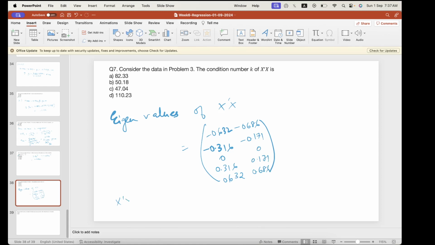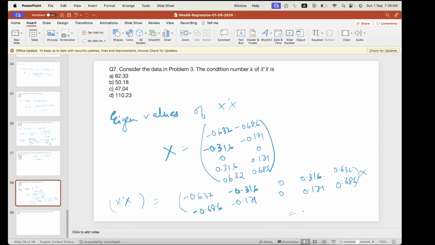Okay, so x transpose x will be minus 0.632, minus 0.316, 0, 0.316, 0.632, and minus 0.686, minus 0.171, 0, 0.171, 0.686 into x.